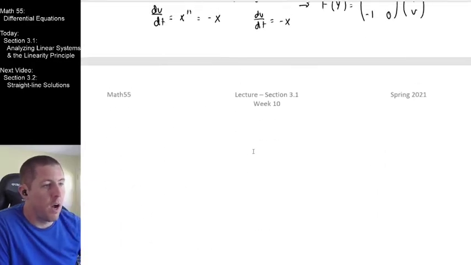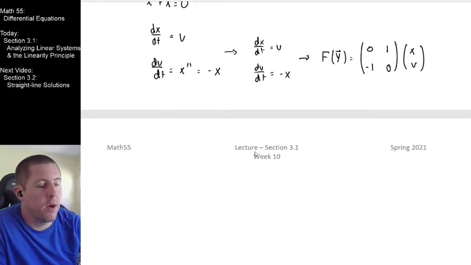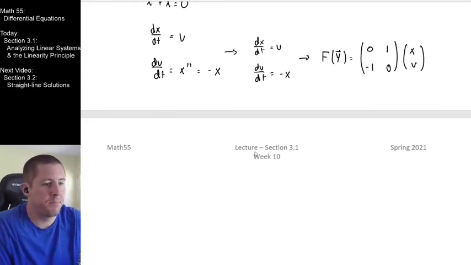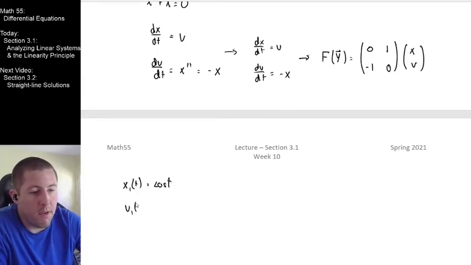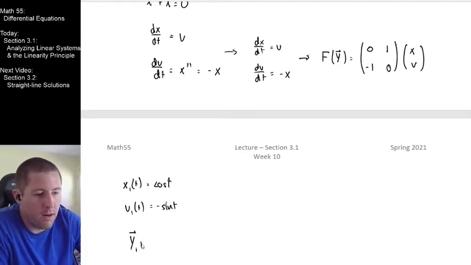Okay, so what do we want to show here? Well, let's go ahead and look at our x1 solution. First, the first solution that we found was cosine of t, and so therefore v1 in our system should be negative sine t. So I'm thinking that our first solution, y1 of t, is the vector cos t, negative sine t.